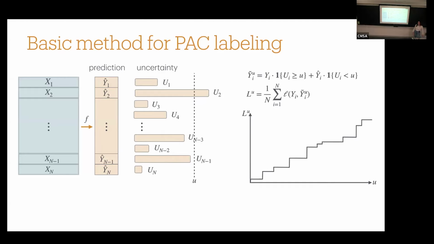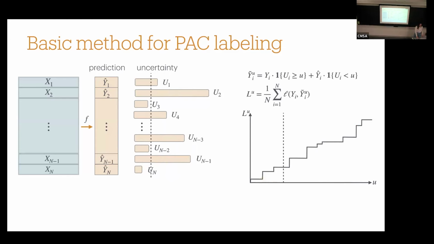In particular, if my u is really, really high, I'm going to incur a very high loss because I'm not going to be collecting a lot of expert labels, and my AI algorithm might not be that good. If I set the threshold u to be really low, I will meet the error criterion, but I might be too conservative. I might be over-collecting expert labels. I might be collecting more of them than I actually need.